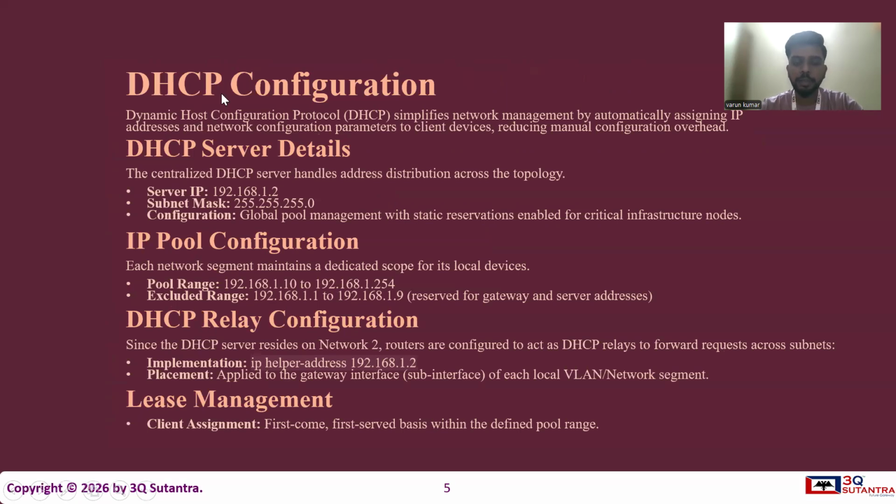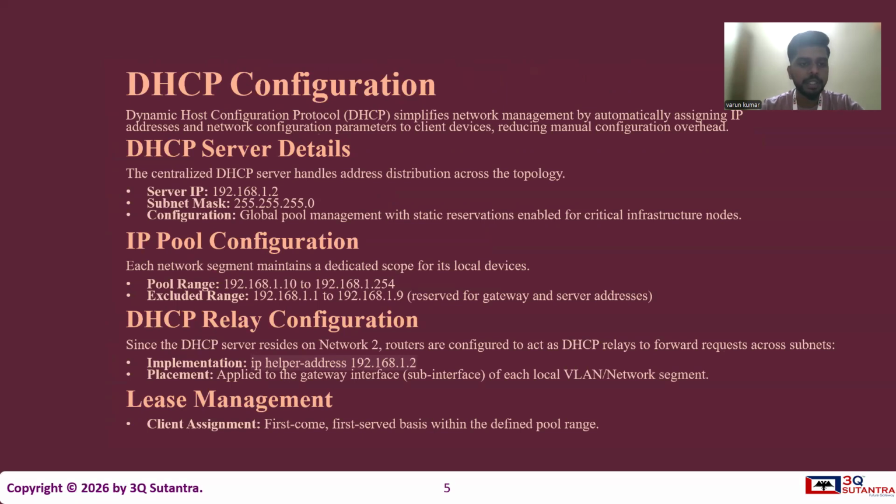The main character of this project is the DHCP configuration. It is used for network management by automatically assigning IP addresses and network configuration parameters to client devices, reducing manual configuration overhead.